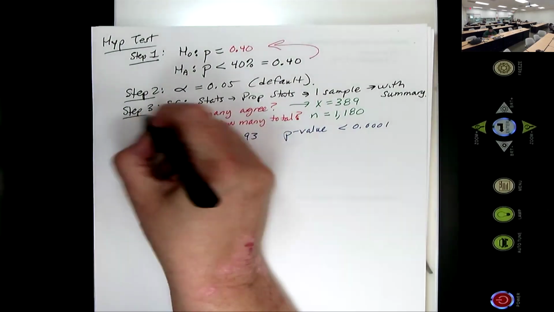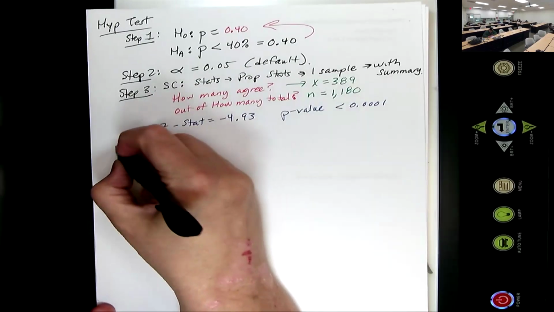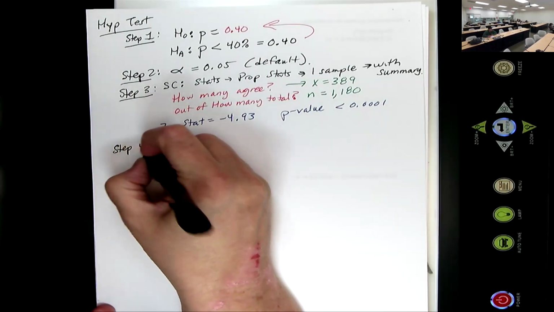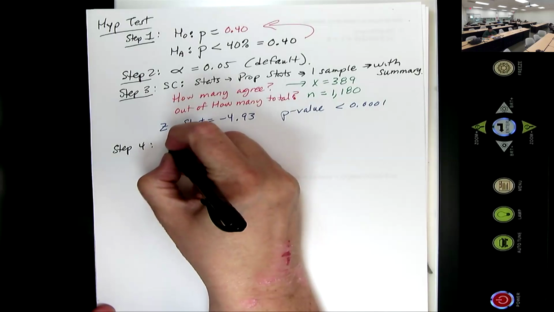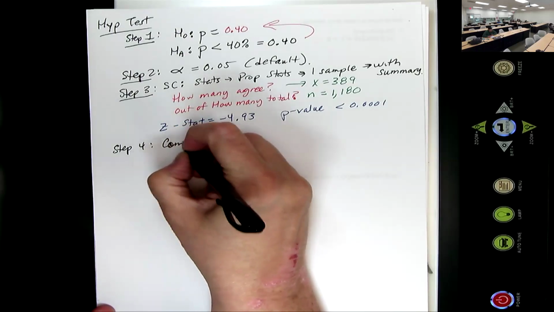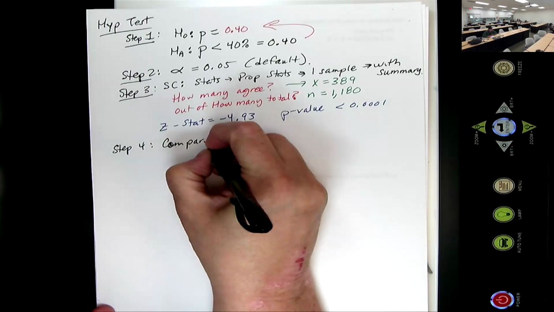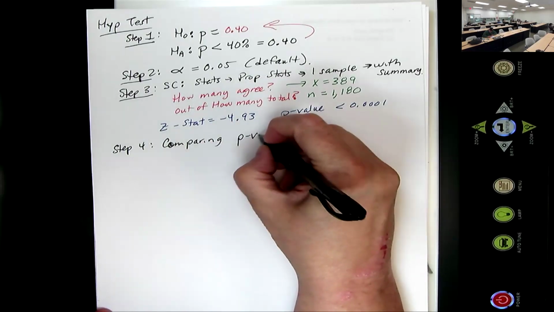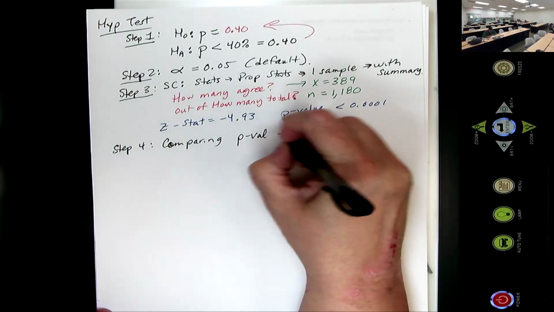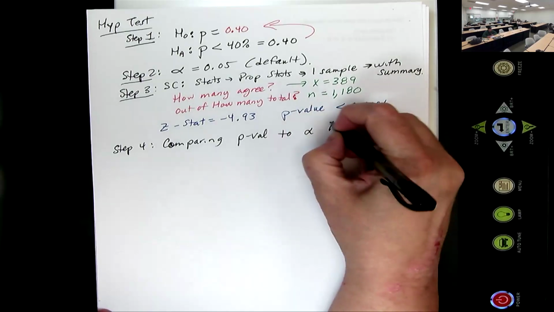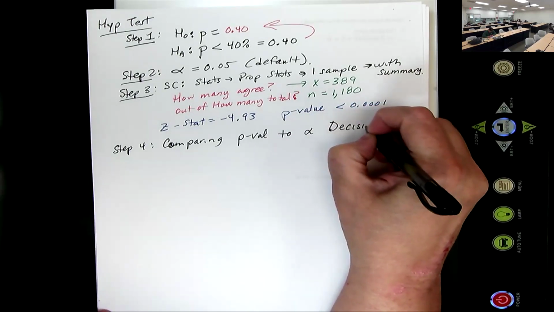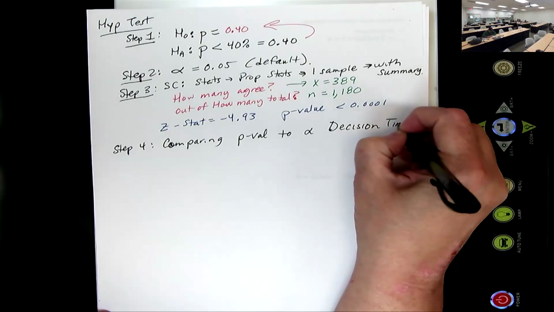So that was step 3. Step 4 is comparing p-value to alpha. This is our decision making step. Decision time.